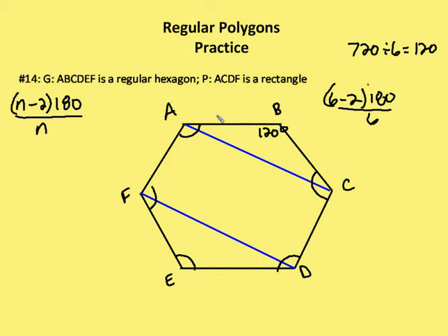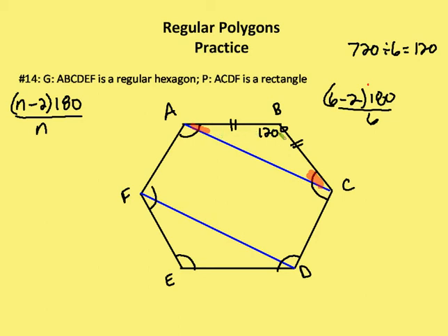In a regular hexagon, the sides are congruent, so it's an equilateral figure. AB and BC are congruent, and if the sides are congruent, then the angles opposite them are also congruent. So I can say that angle BAC is congruent to angle BCA.